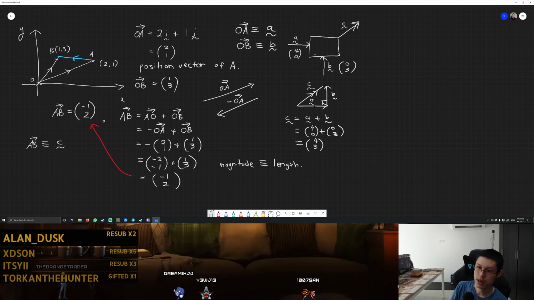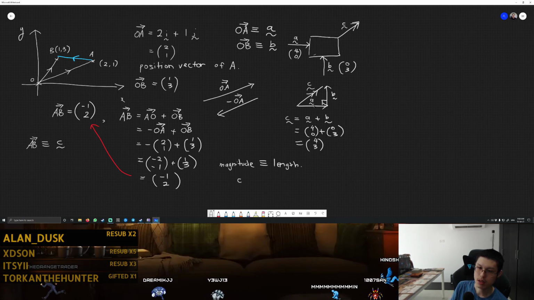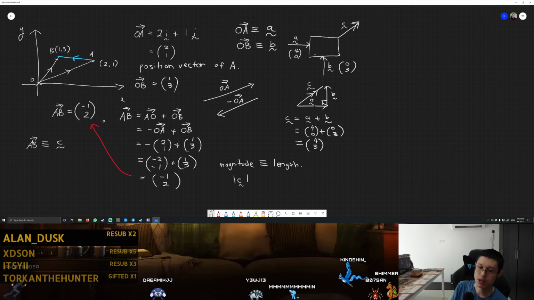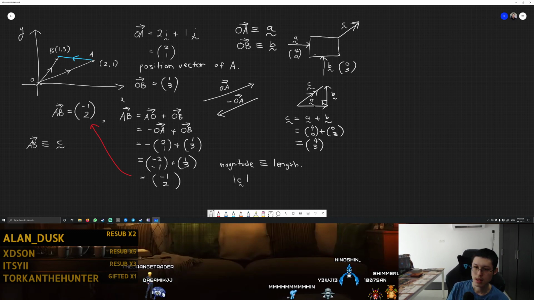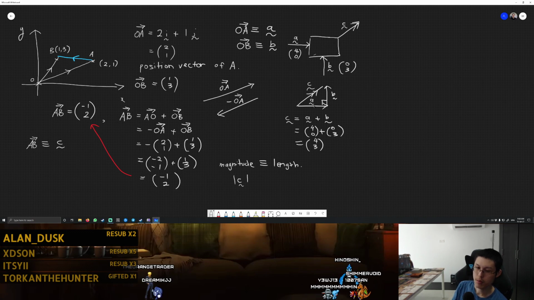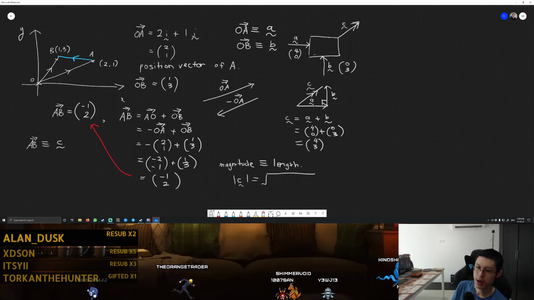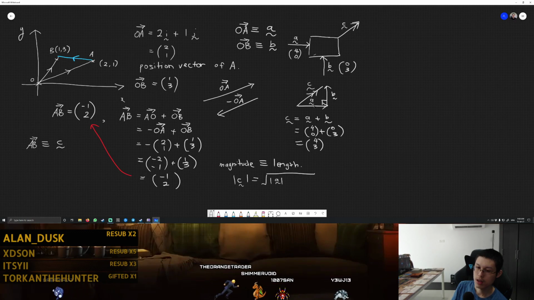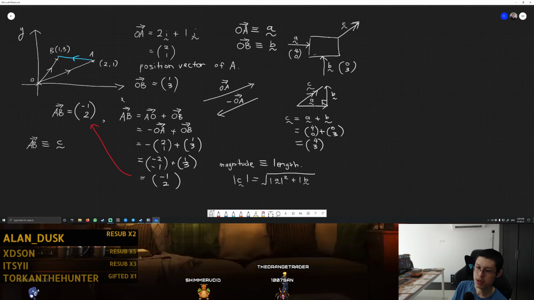So you can use Pythagoras' theorem, where |C| is the magnitude of C. Usually we put the modulus to denote the magnitude. The modulus doesn't mean take the positive value. In the case of vectors, it means taking the magnitude. So the magnitude of C is going to be the square root of the magnitude of A squared plus the magnitude of B squared.